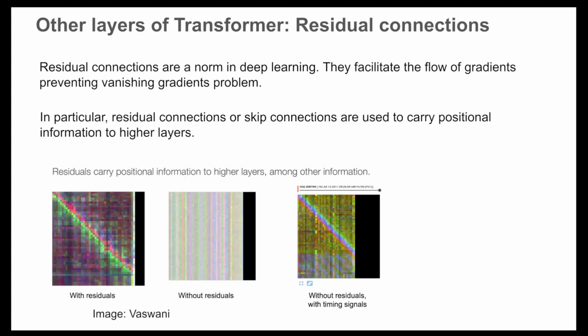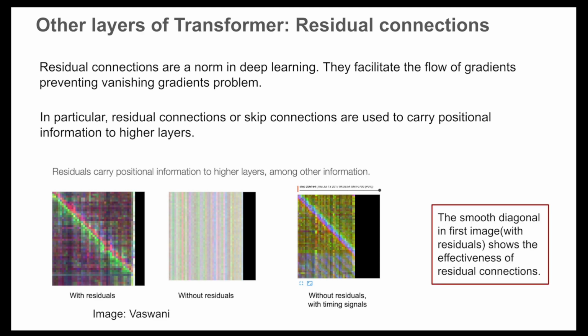This is what is shown here. You can see that with residuals, we have a smooth information flow over the layers. So as we go deeper into the architecture, we have a smooth information flow because of using residual connections. And this is not the case if you remove them. If you remove them, you can see it doesn't look good.